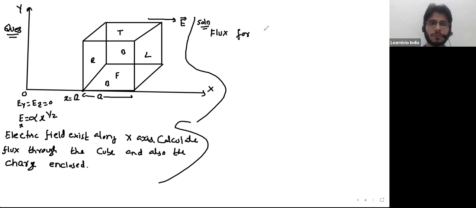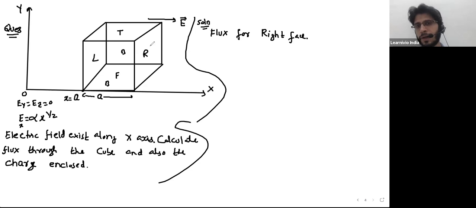Flux for, okay, this is right. For the right face, and this is the left face. Flux for the right face. Okay, Noor, what is the direction of this face? X-axis, Y-axis, Z-axis.